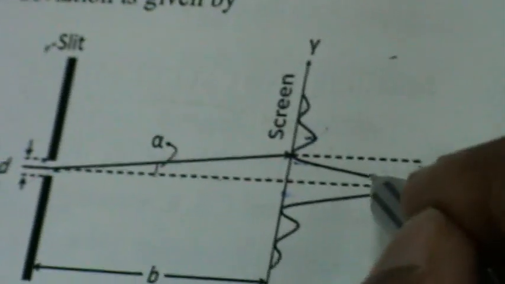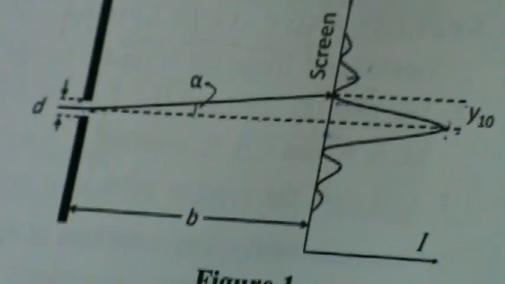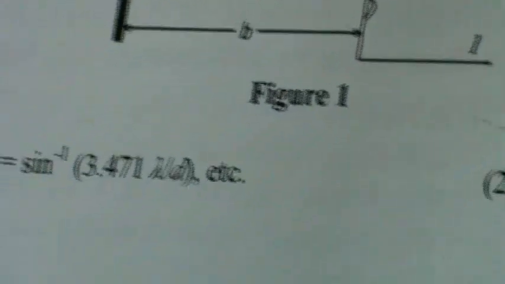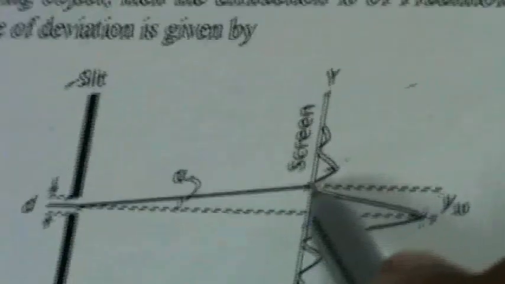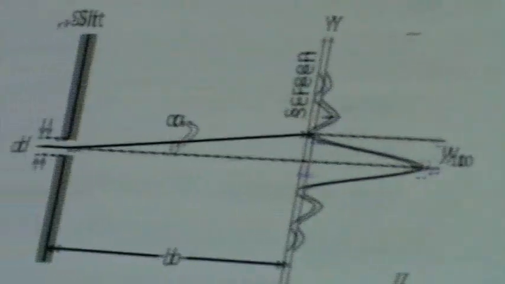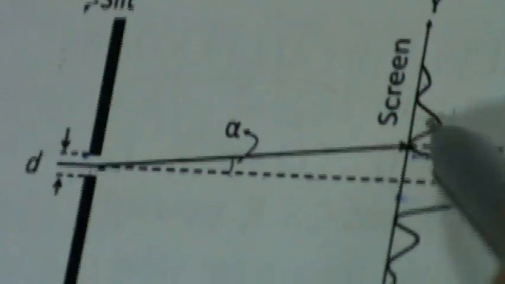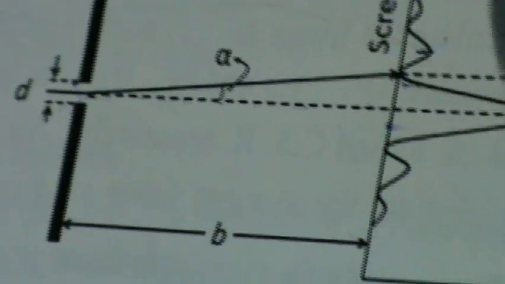So the variation in intensity can be mathematically written like this: I equal to I naught sine beta by beta square. So we need to find out at what values of beta, rather alpha, we get diffraction minimum and secondary maximums.